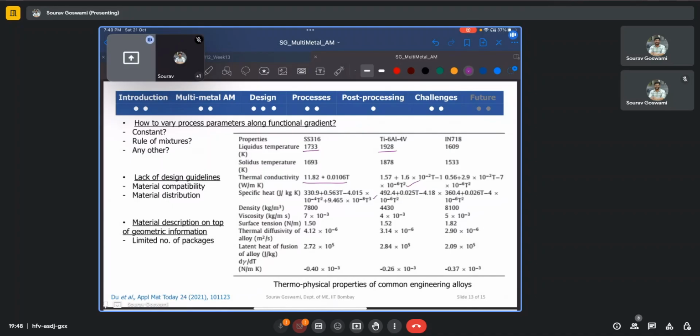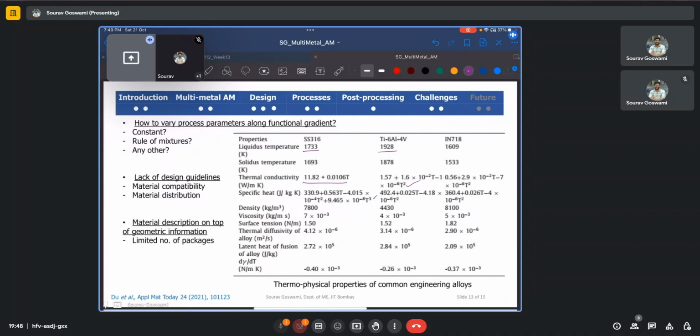The second thing is the lack of design guidelines in terms of either the material compatibility, which one is compatible with the other, or what are the optimal ways of distributing the material to achieve the final intended application or the intended mechanical properties is simply missing. Then, to describe the material on top of the geometric information itself is a challenge.